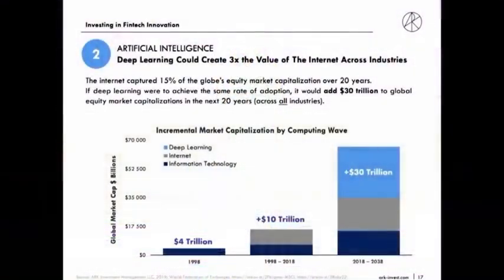Artificial intelligence. The reason we believe that artificial intelligence is ready for prime time, you know, we've heard about it for years and years, and it's been great for science fiction.